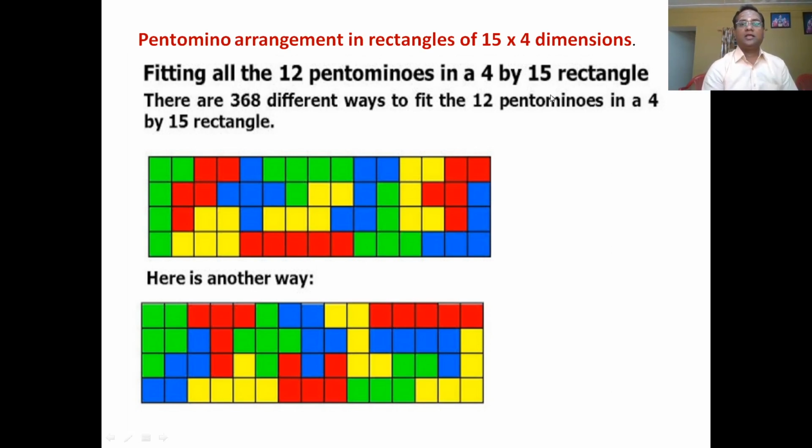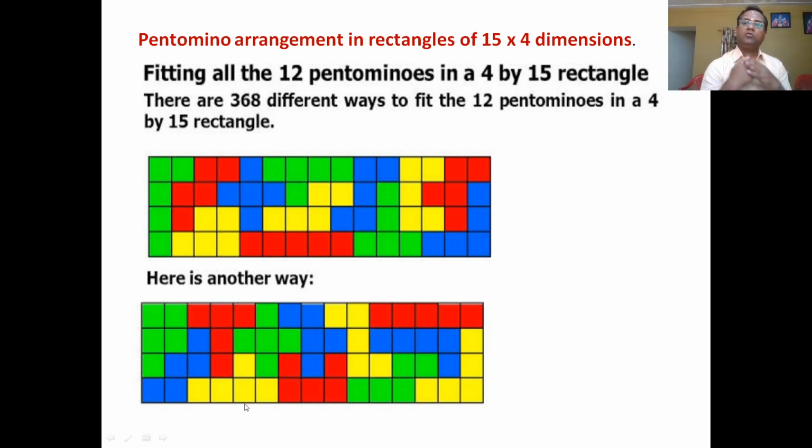Here the arrangement is 15 into 4. So 15 squares in one row and 4 rows. Again, without any gaps, the pentominos can be arranged to make a compact rectangle. This is another way here.